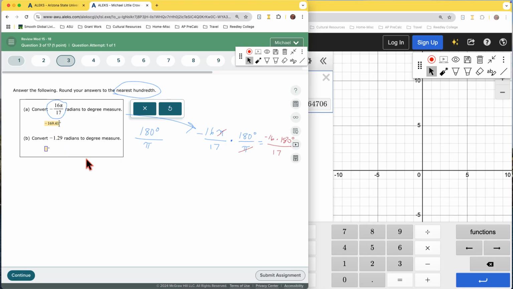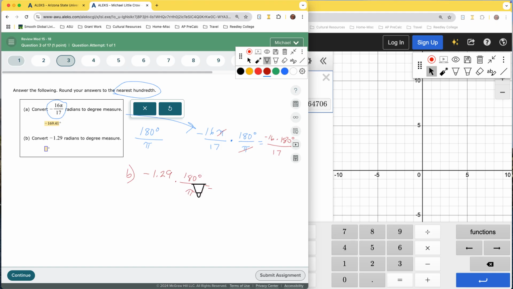And that one's done. The next one, we're converting negative 1.29 radians. Since there's no degree marker here, it is in radians, even though there's no pi here. That's fine. We're going to multiply this by 180 degrees over pi.